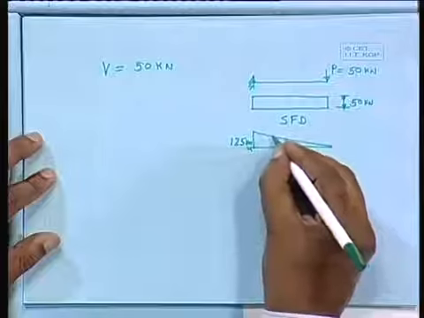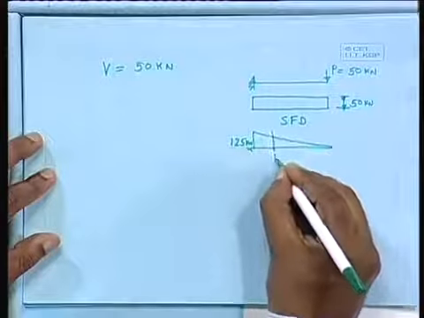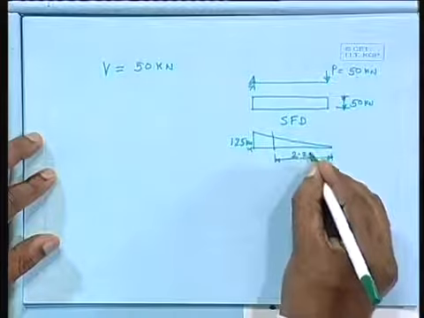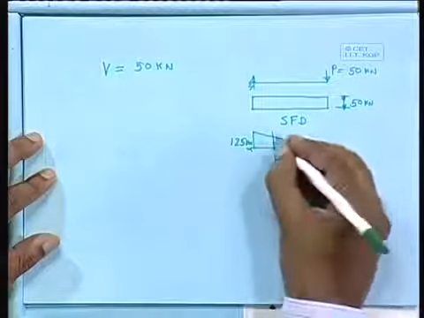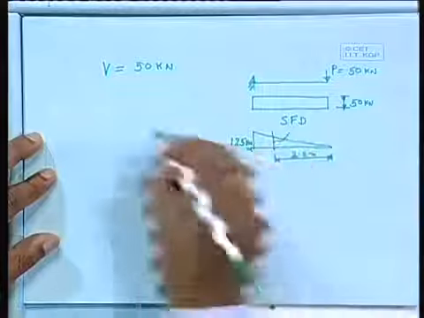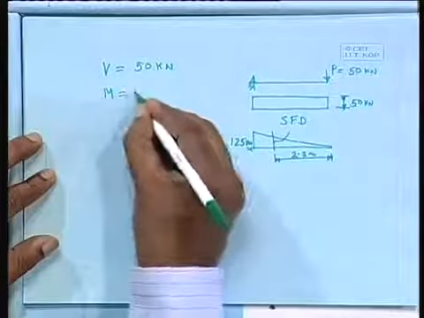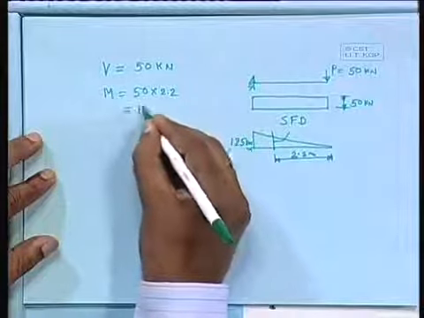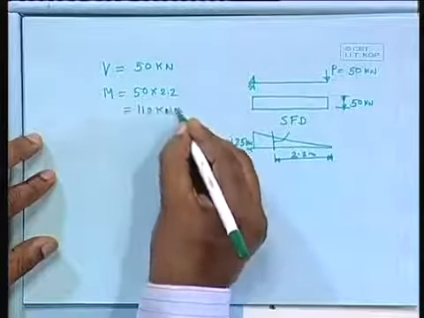But we are interested to find out somewhere here, this is 2.2 meter. So this one comes as M equals 50 into 2.2, 110 kilonewton meter.